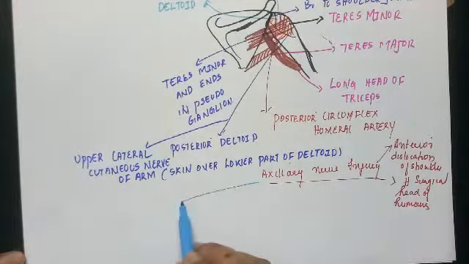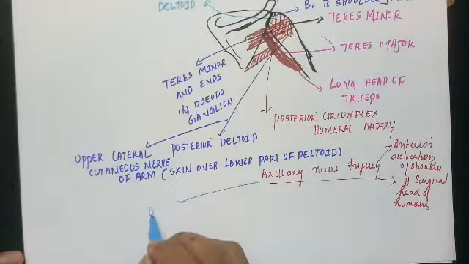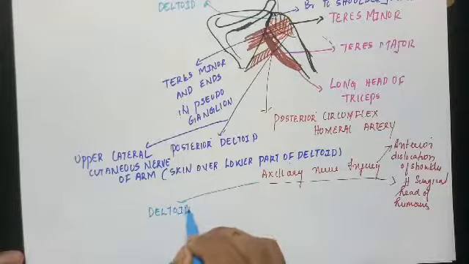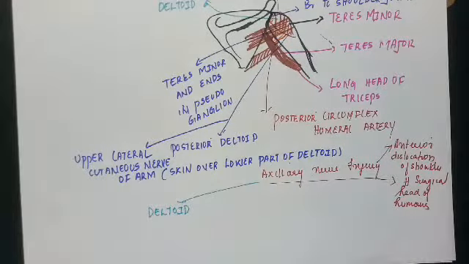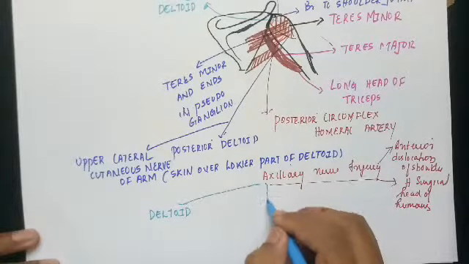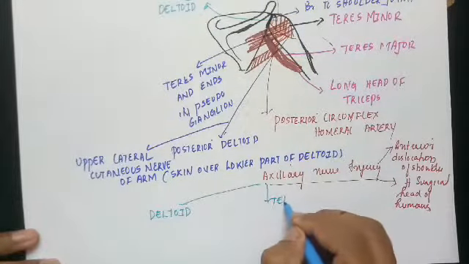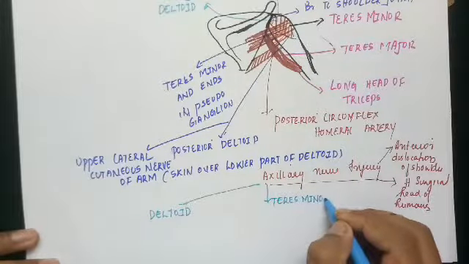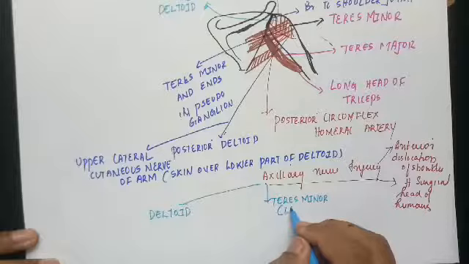We know that the axillary nerve supplies a muscle which is a major abductor of the shoulder joint, that is the deltoid muscle. It causes abduction at the shoulder joint, and another muscle, the teres minor, which causes lateral rotation at the shoulder joint.